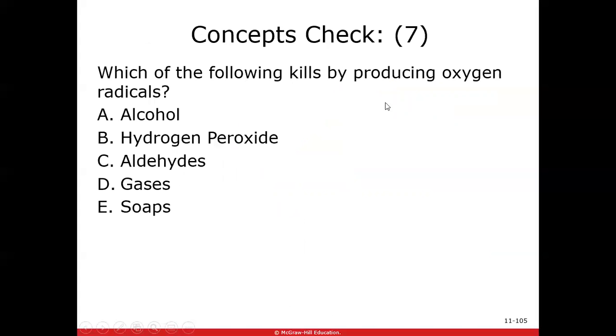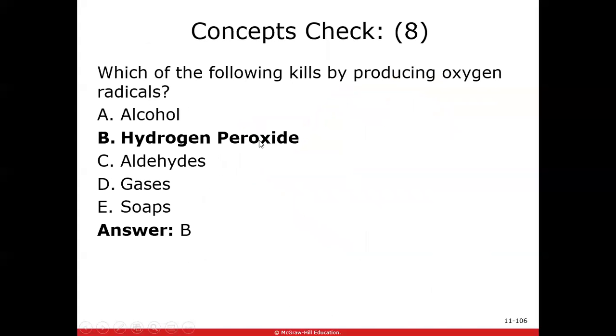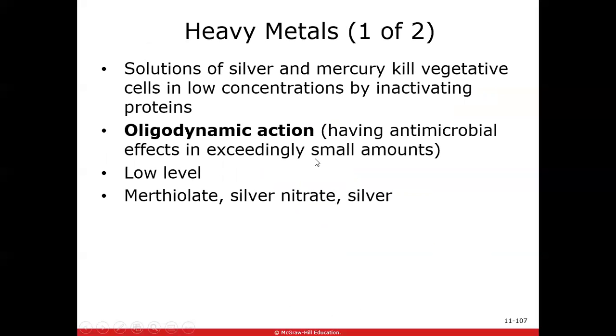And which of the following kills by producing oxygen radicals? Yep, you knew it: hydrogen peroxide. Then heavy metals. So solutions of silver and mercury can kill vegetative cells in low concentrations by inactivating proteins. Once again, think about, because you see this a lot, what's a vegetative cell?